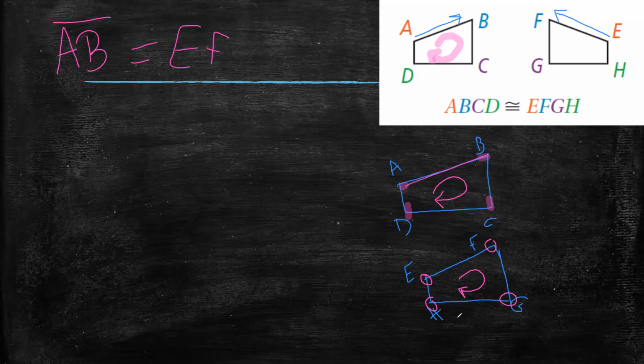Look here, AB, EF. Now, if I'm asking you about BC, you will say that BC corresponds with FG.